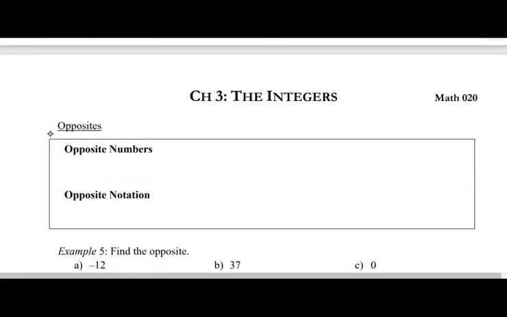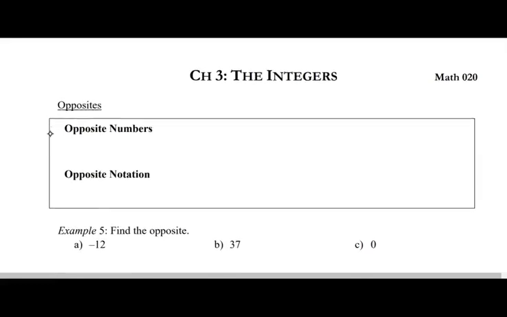The last concept that we are going over in this lesson is the opposite values. So we talked about the absolute value, which means the distance away from the 0. The opposite values, opposite numbers, are the same numbers with different signs.